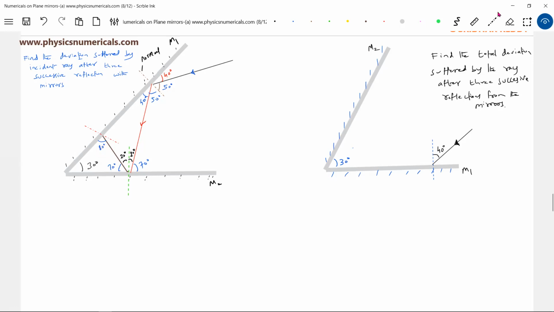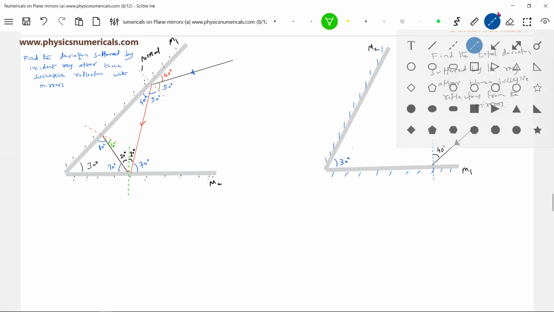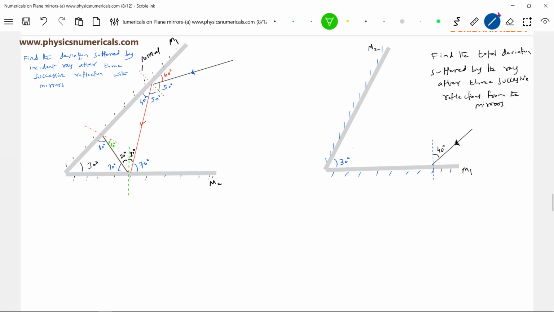So how much will this angle be now? I think now we are very near to the answer. This angle must be equal to 10 degrees. And finally the ray, at what angle should it move in this direction? 10 degrees. Okay, this is after 2 reflections.